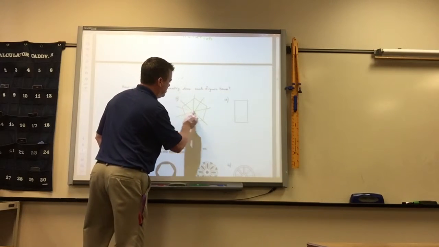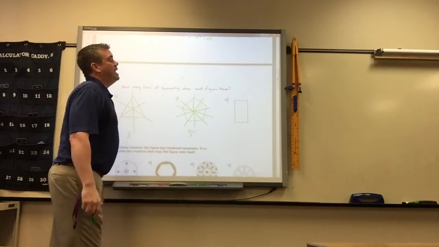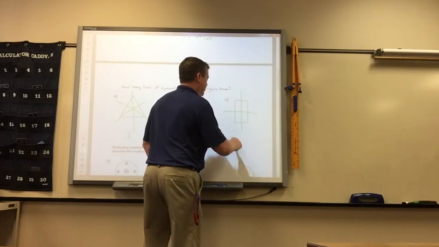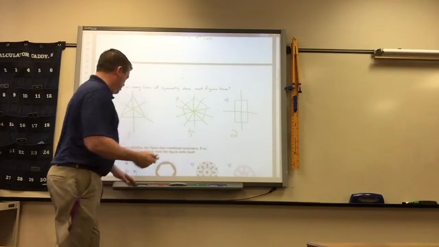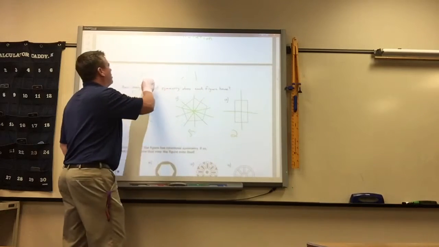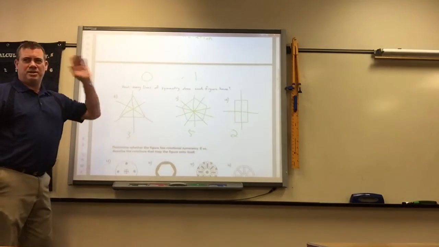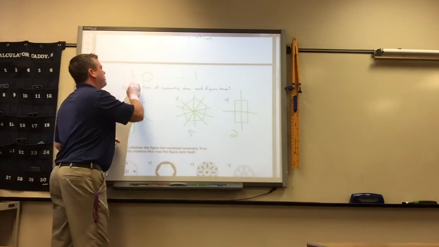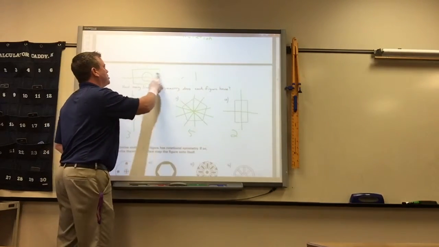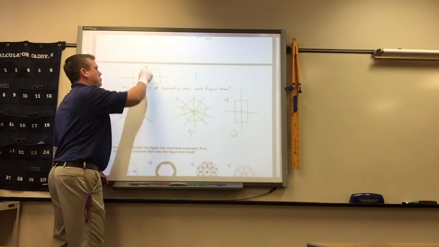No. Right there. And a rectangle, just 2. A circle is infinite, but if you have a flag like this, then it's just 2. You can cut it this way and that way. Okay?